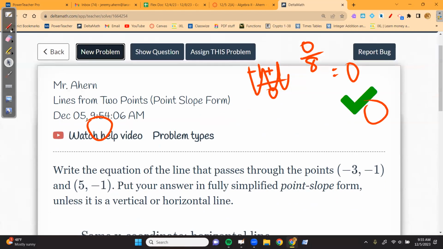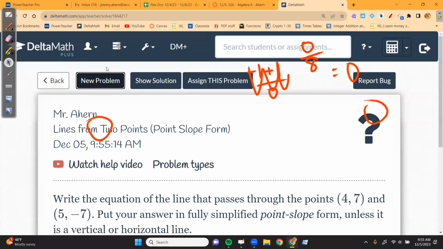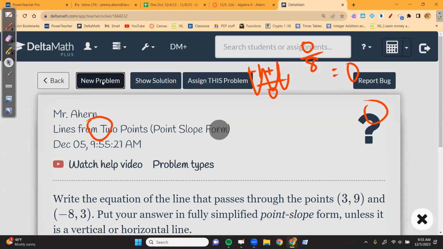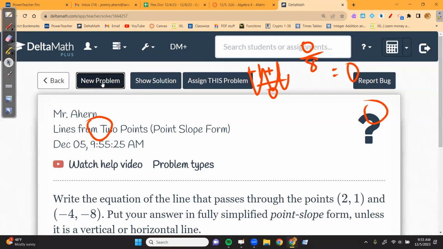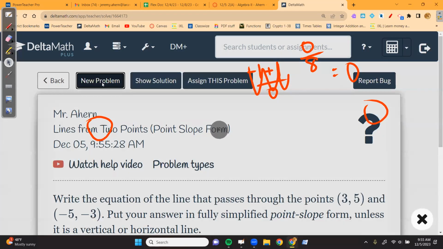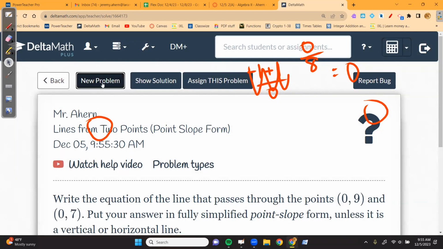And then you'll also notice that they can come out vertical as well. I'll just click until I find one of those. There it is. So on this one, if you do y2 minus y1, you get 7 minus 9 is -2 on top, but it turns out we don't care, because on the bottom, when you do x2 minus x1, you get 0.